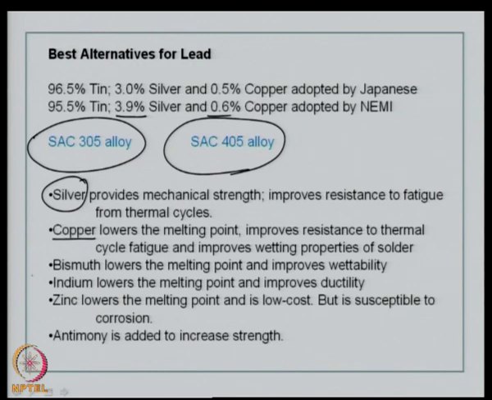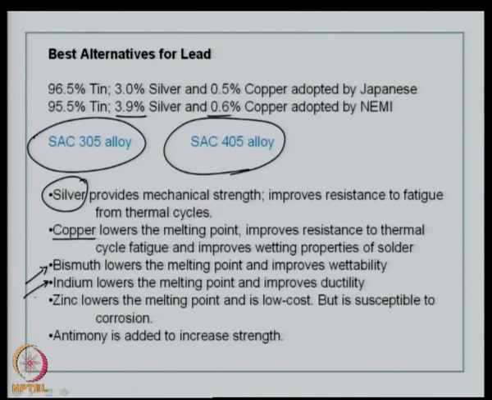In some cases, tin has been alloyed with bismuth. So, tin bismuth alloys are known. It might be prohibitive in terms of cost and in terms of application. Bismuth might not be a good choice, but in certain cases it is acceptable. It lowers the melting point and improves the wettability.